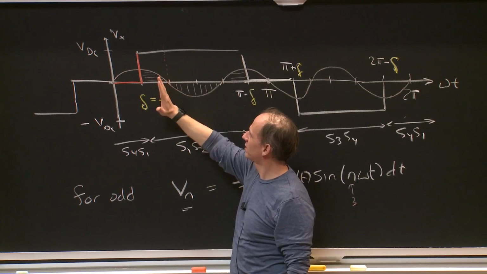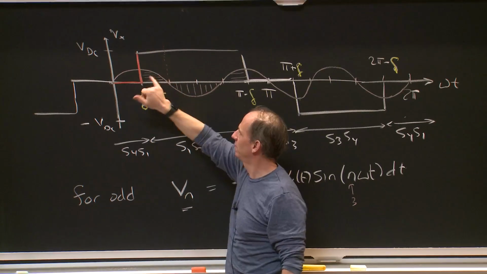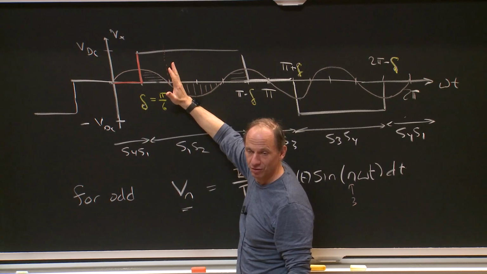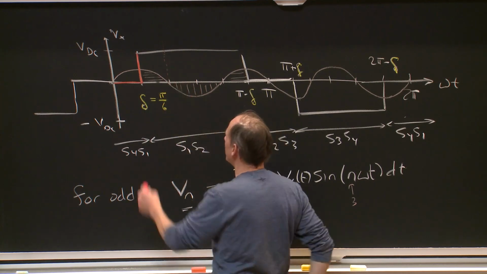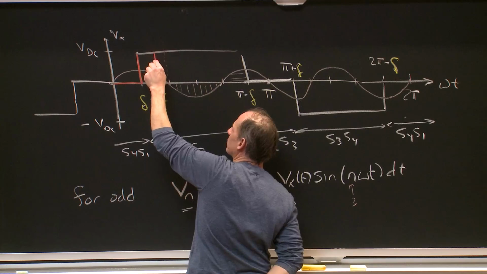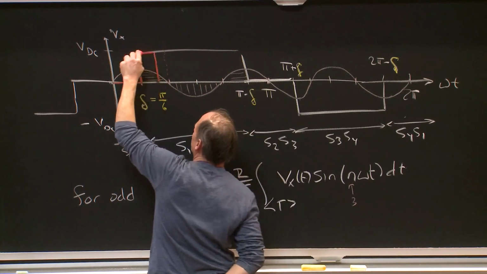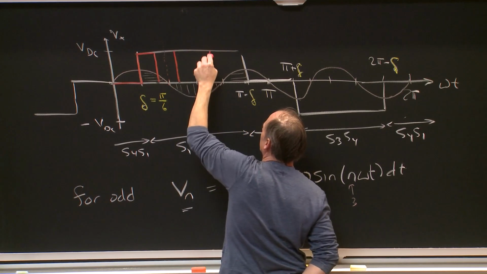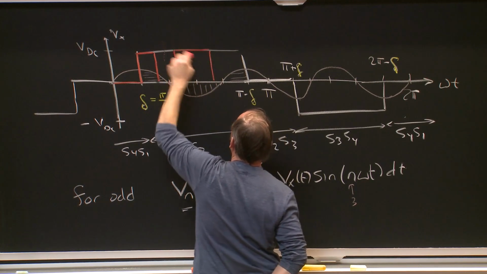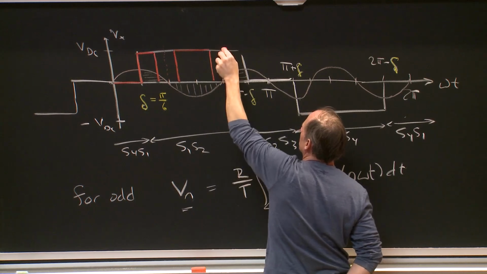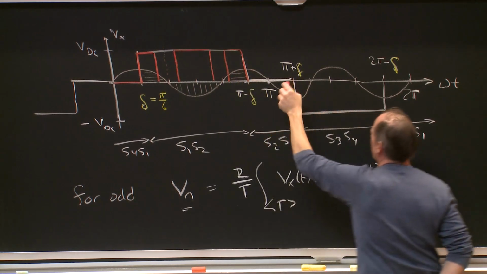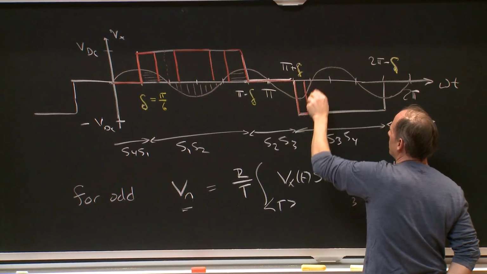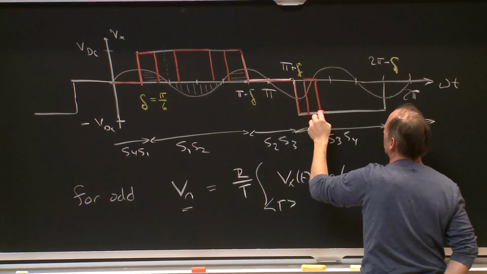As long as I make sure the amount of positive area multiplied with the third harmonic balances the amount of negative area with the third harmonic sine wave, I will maintain 0 third harmonic. So maybe I could create a pulse waveform that does this, and do that again on this side. I would want to keep my waveform half wave symmetric, so I'll do the same thing on the other side.